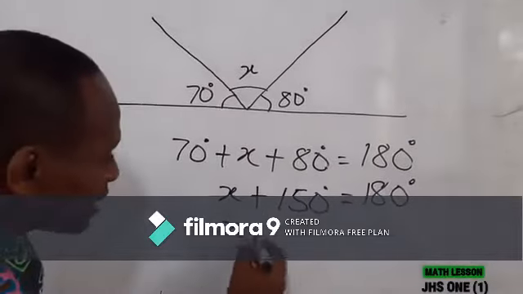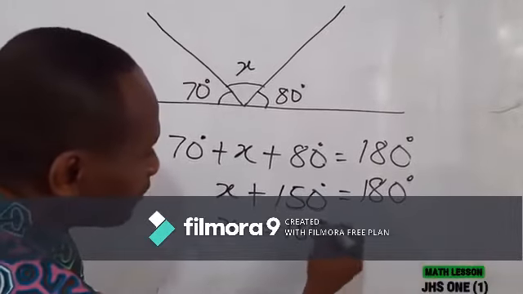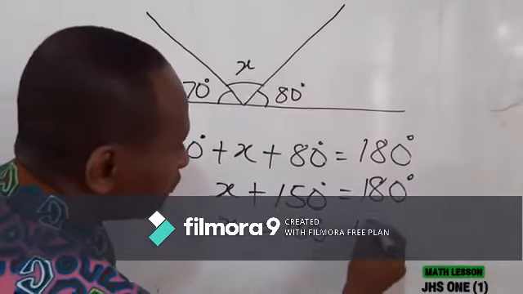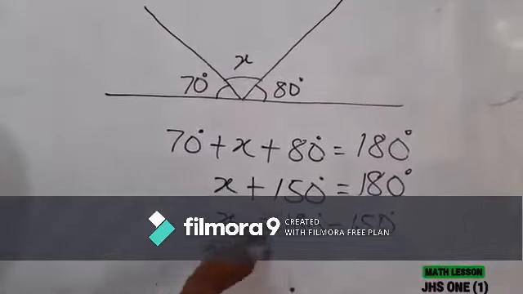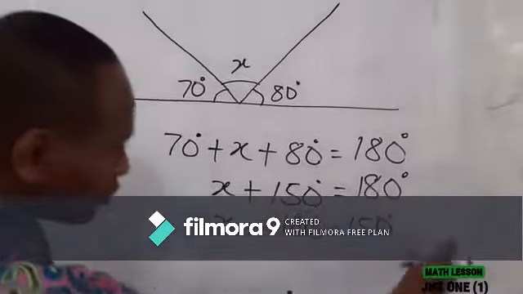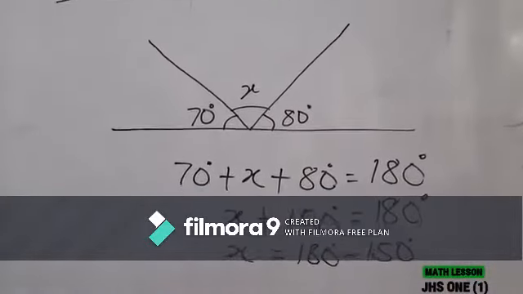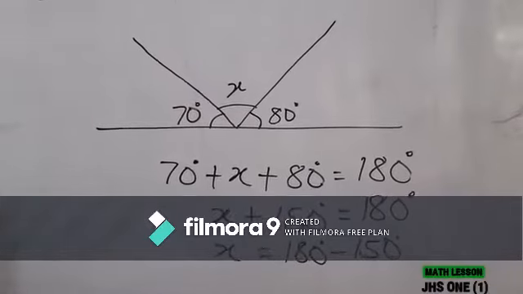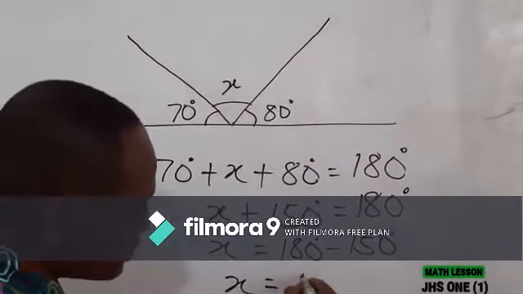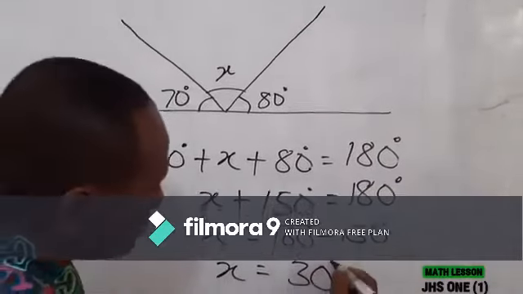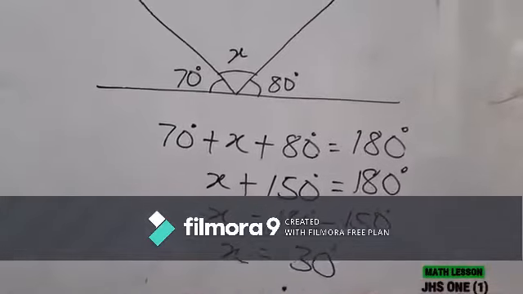So we have x equals 180 degrees minus 150 degrees. Why is it minus 150? Because we group like terms. It was here positive. So when it crosses the equal sign, we say it changes to negative. So 180 minus 150, we simplify. What do we get? 30 degrees. You are right. That's good. So the value of this angle is what? 30 degrees.